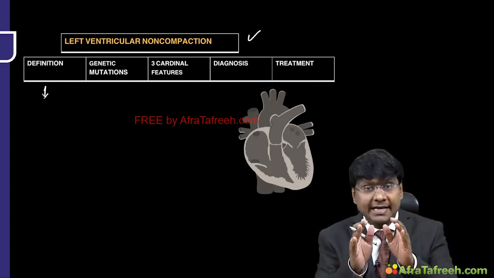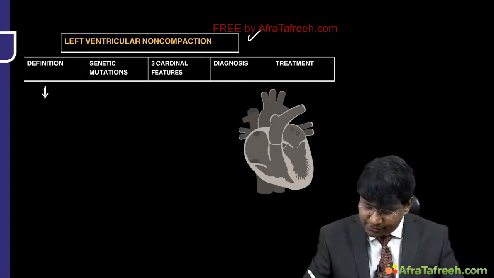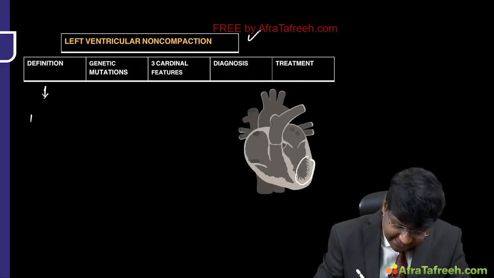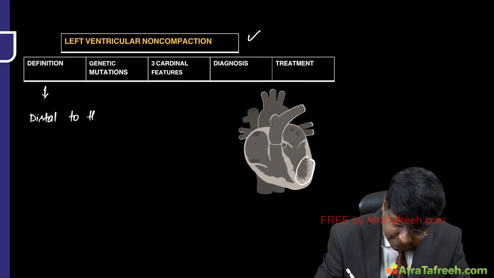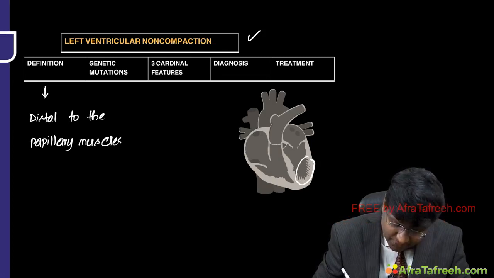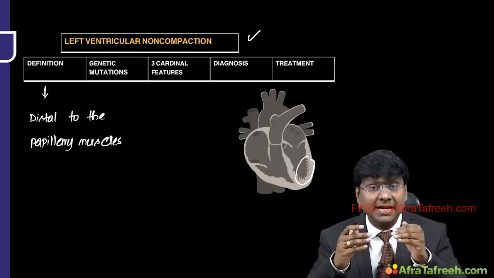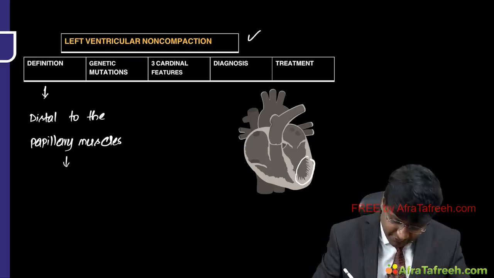Here you take the apex of the left ventricle, exactly distal to the papillary muscles, there is presence of multiple trabeculations within the left ventricle.